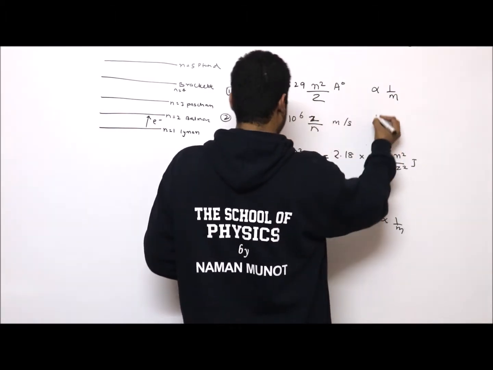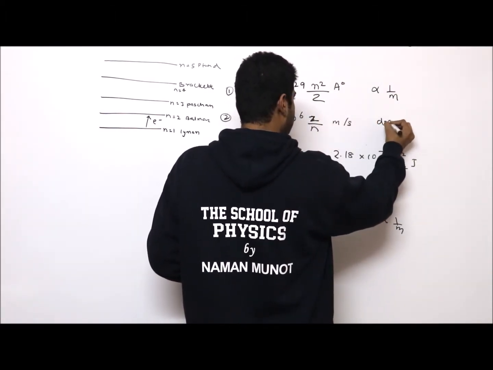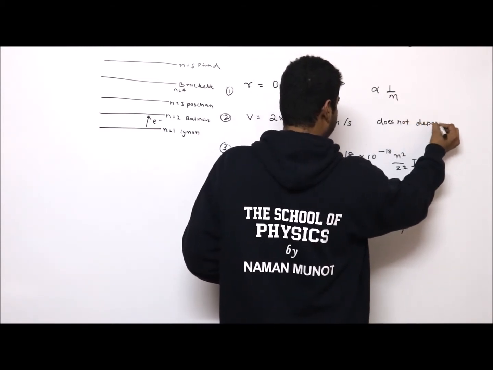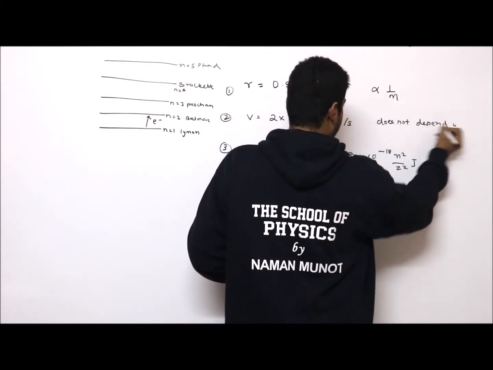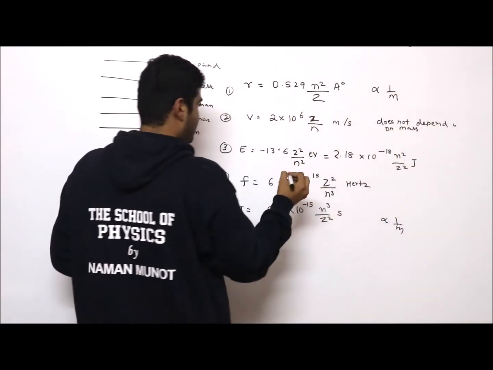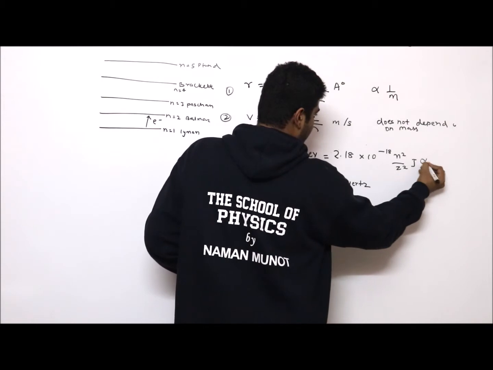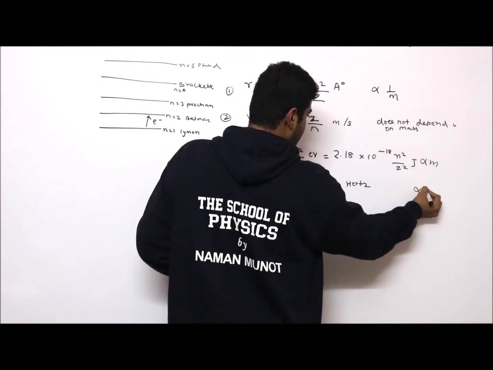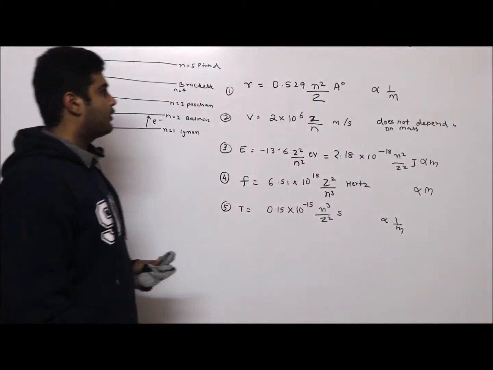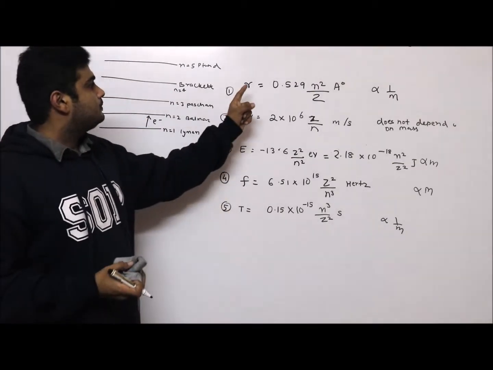Velocity does not depend on mass. Energy is directly proportional to mass, and so is the frequency, and time period is inversely proportional to the mass of the electron.